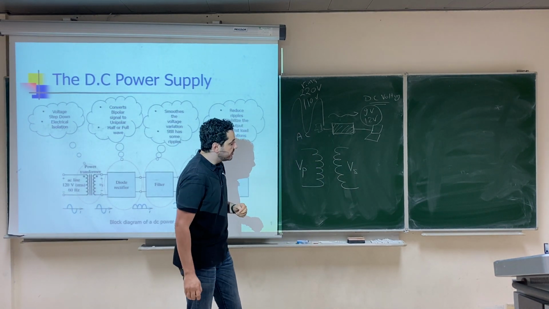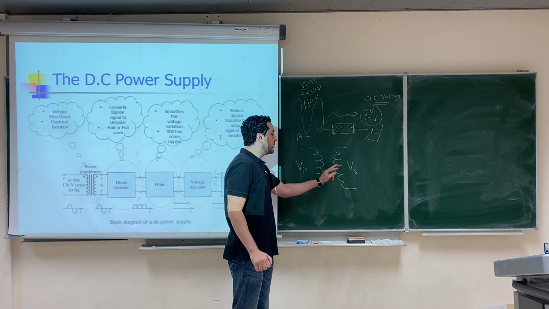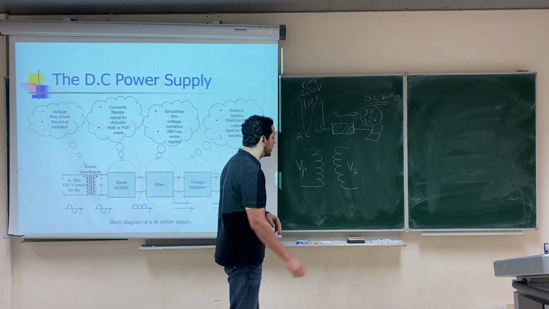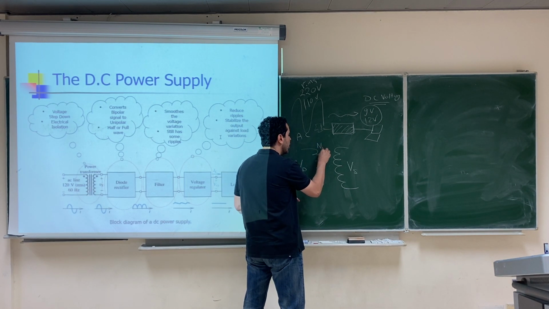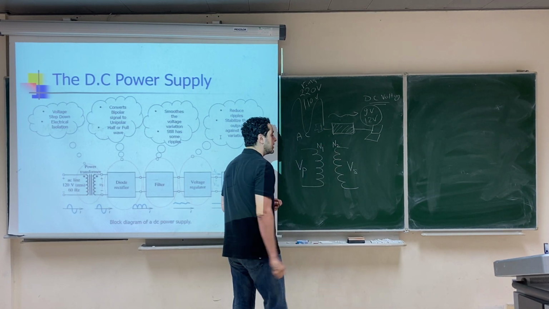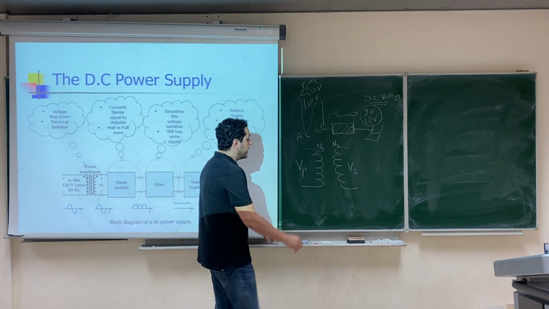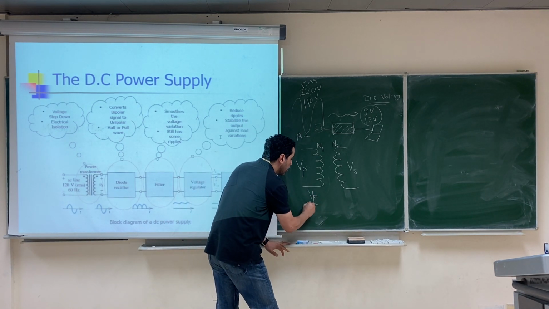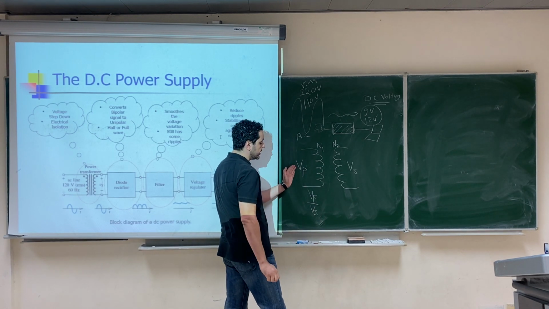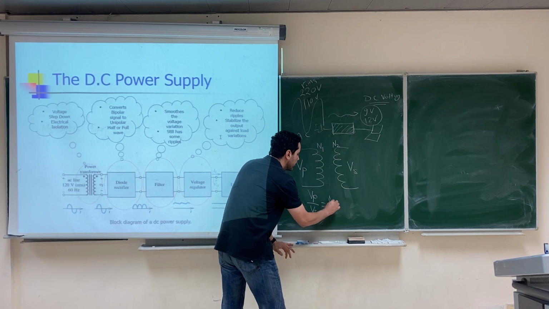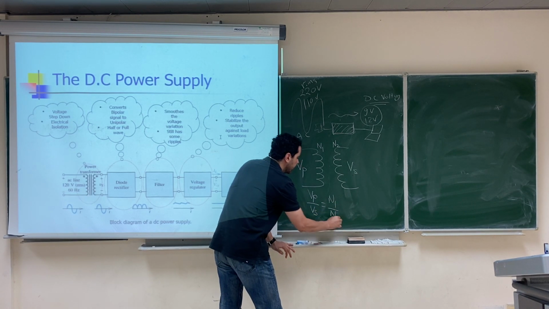The relation between them is related to the number of turns of the coil here and the coil here. If the number of turns here is N1 and here is N2, then the relation we should know is that Vp over Vs, the amplitude of this voltage over the amplitude of this voltage, equals N1 over N2.